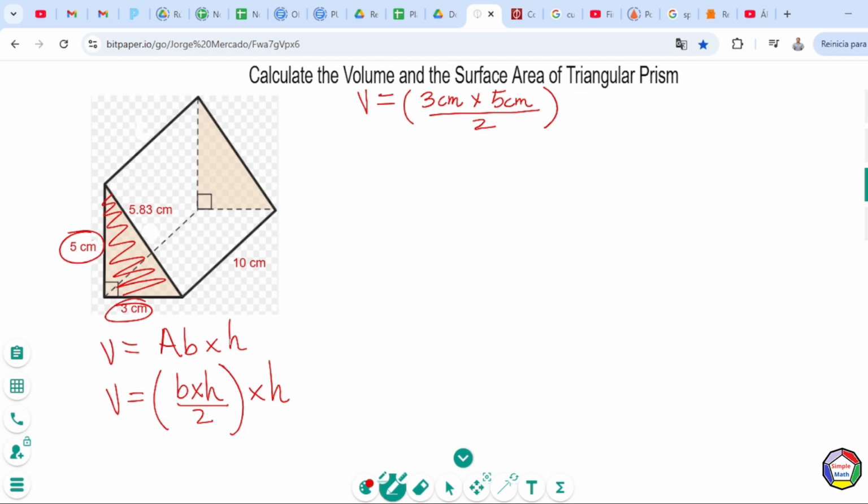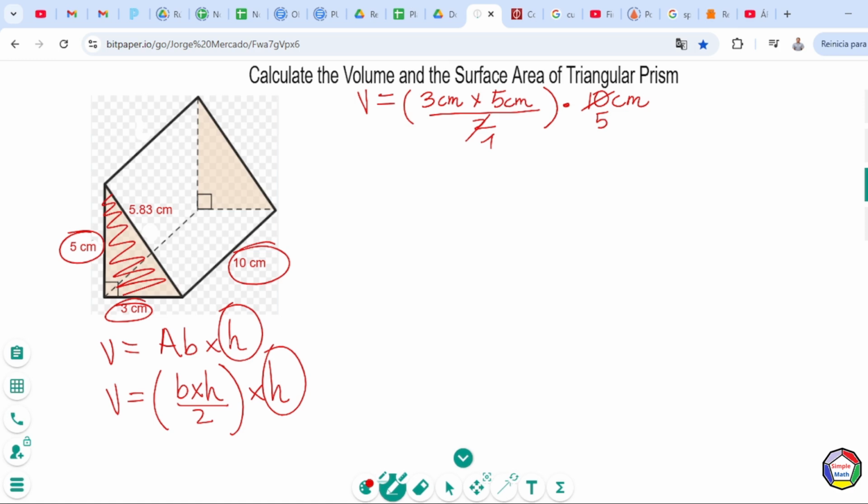That is the formula of the base, which is in this case a triangle, times h. But h, remember this h, guys, this h is the height of that triangular prism. In this case, it's 10 centimeters. So we can use a calculator, or we can simplify things. I can simplify these two with the 10: 2 divided by 2 is 1, 10 divided by 2 is 5.